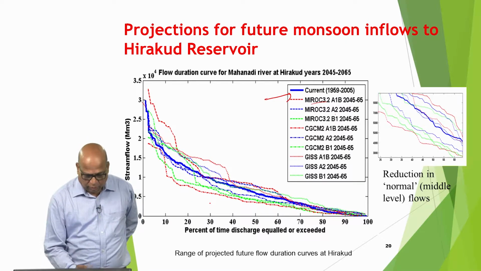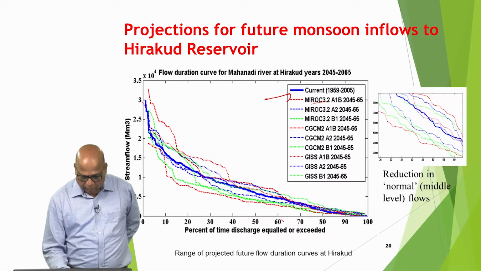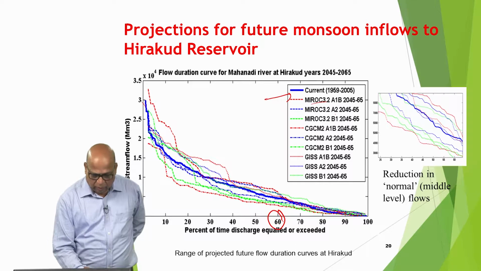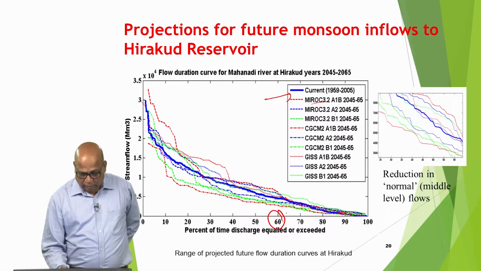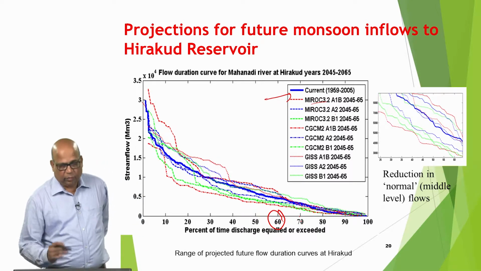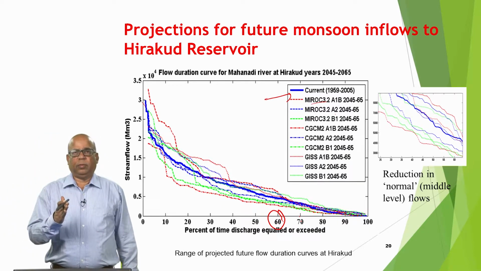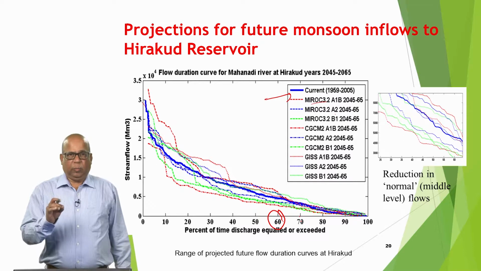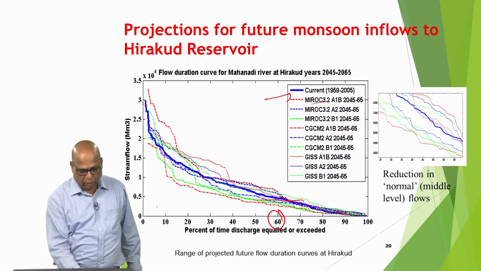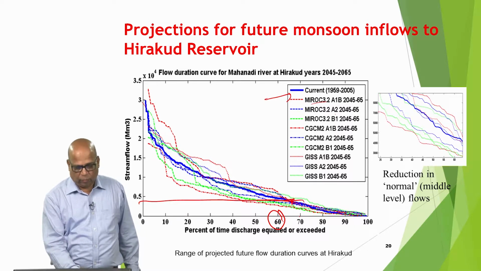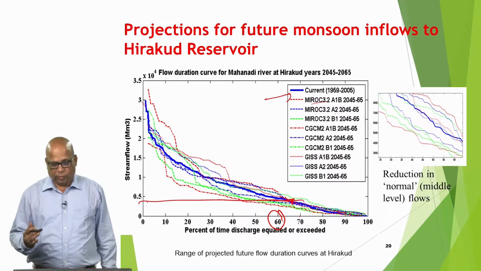What does the flow duration curve give? It gives, for a particular level, let us say the 60% level, what is the flow that is equaled or exceeded. These are the percentages that generally are used in planning. For example, what is the 75% reliable flow? It means that 75% of the time this particular flow is equaled or exceeded, and that is what they use for planning purposes.